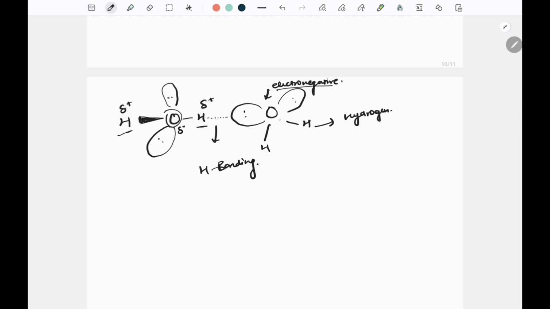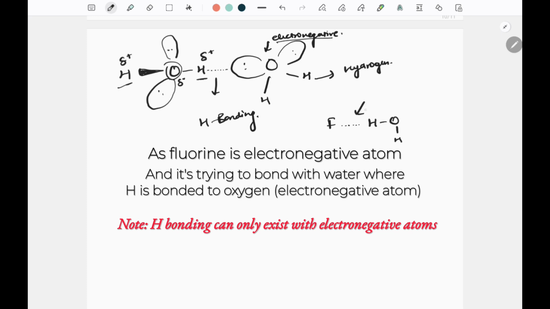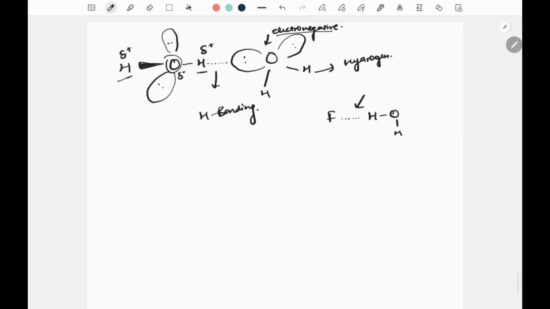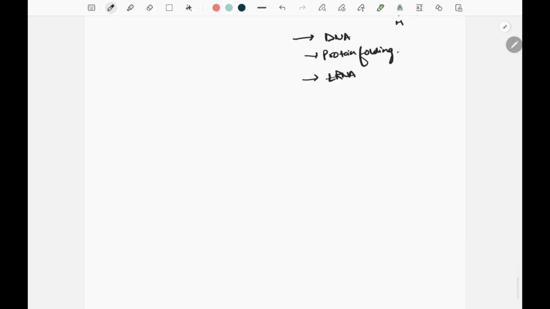For example, if there is a fluorine, and fluorine is trying to make a bond with a water molecule, this bond will be called hydrogen bonding. The same thing is seen in DNA and protein folding, also in tRNA structures. This is what exactly is happening there.